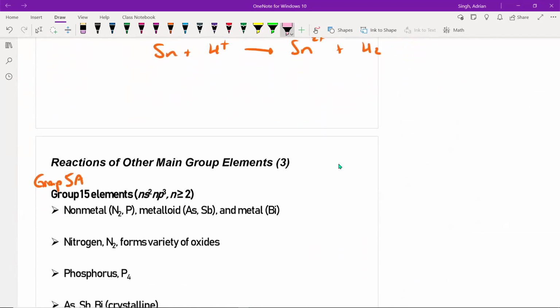The first two elements there, nitrogen and phosphorus, those are non-metals. We also have metalloids underneath them, arsenic and antimony. And under those, we have some metals, bismuth and below. So we have all three categories in group 5A: non-metals, metalloids, and metals.